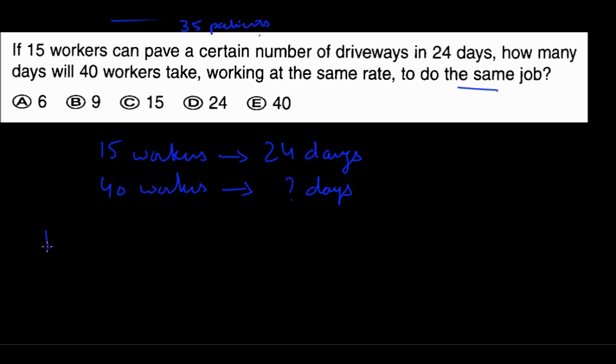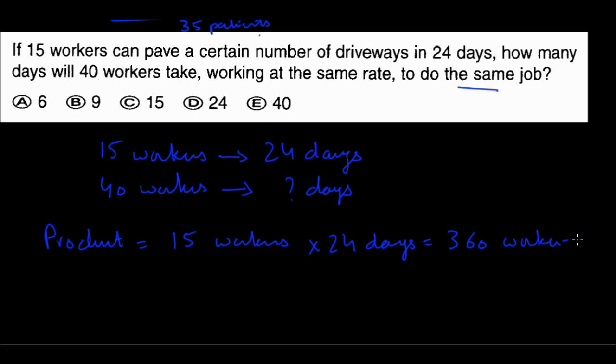Again, you have to look at this product concept, which says that this job, which requires 15 workers for 24 days, is 15 times 24, let's check, 360. It is a 360 worker day job.